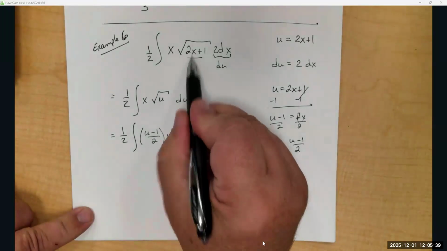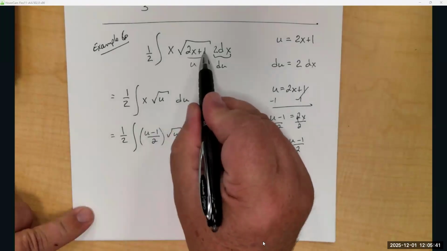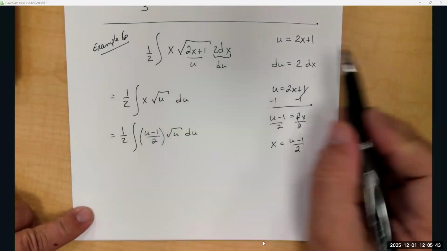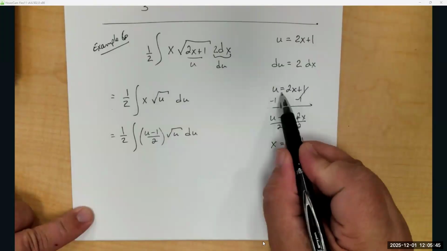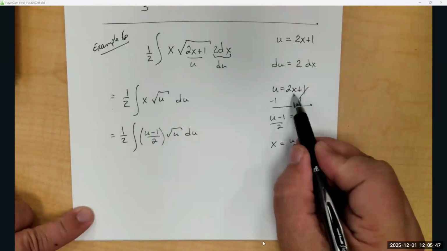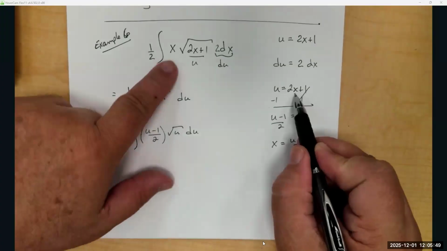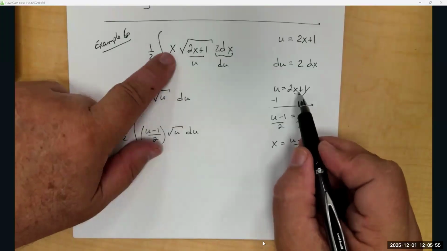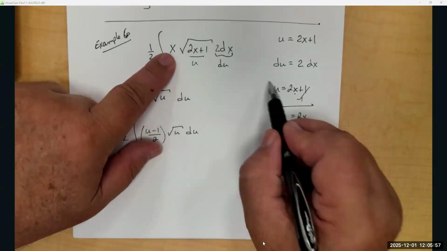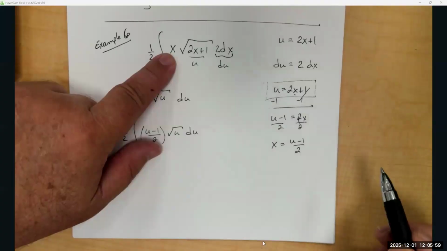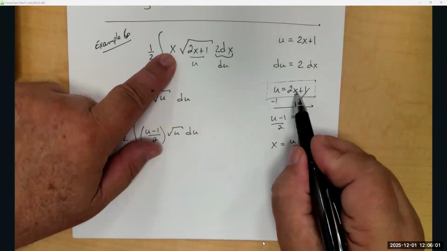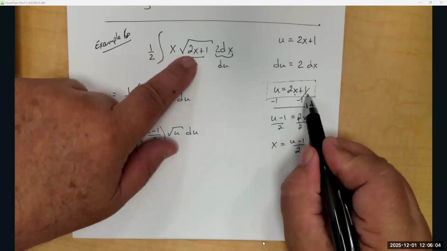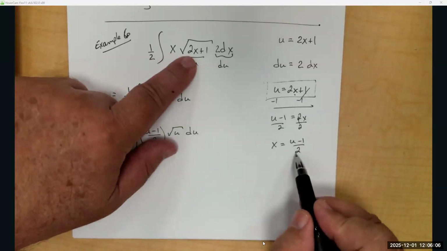So here's the relationship. If 2x plus 1 is equal to u, what does x equal? That's what we need to know, because the only place we can define what x is in terms of u is from this relationship. So take u equals 2x plus 1 and solve for x.